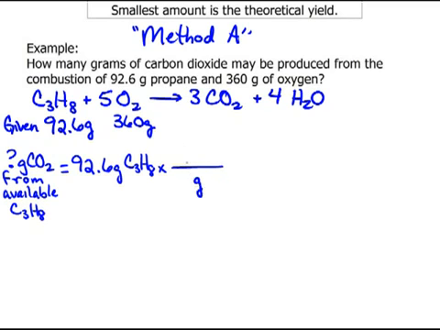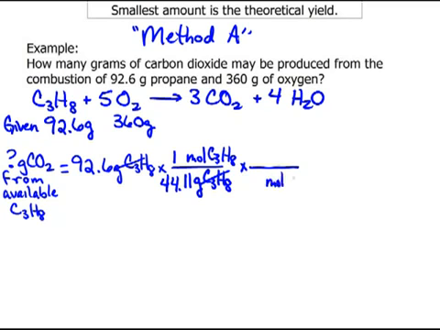So I need to put grams on the bottom so it will cancel and divide out, and moles of C3H8 on top. Now grams per mole for propane, that's 3 12s plus 8, which is 44.11 grams per mole. I use the periodic table to figure out the molecular weight.